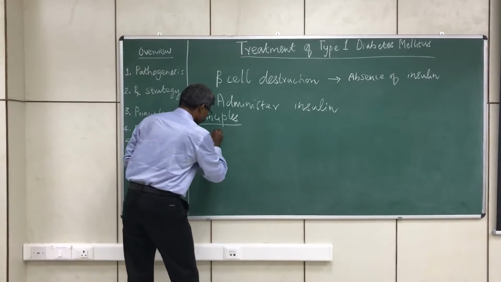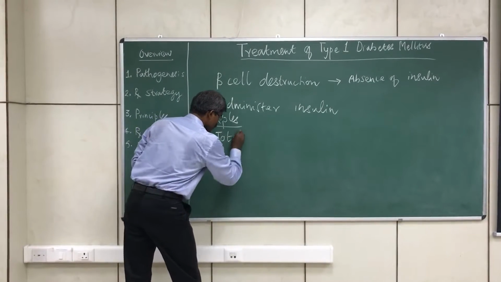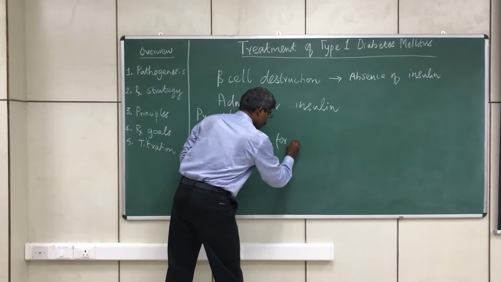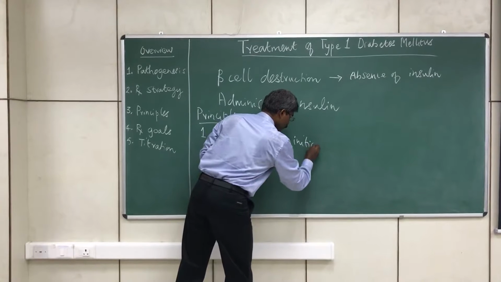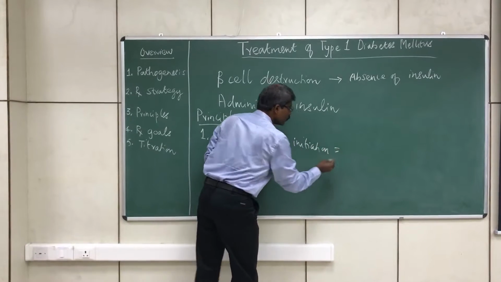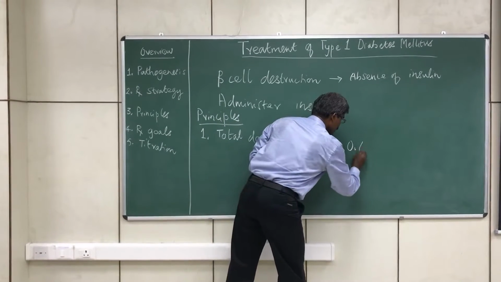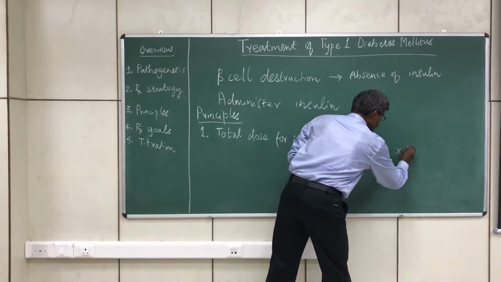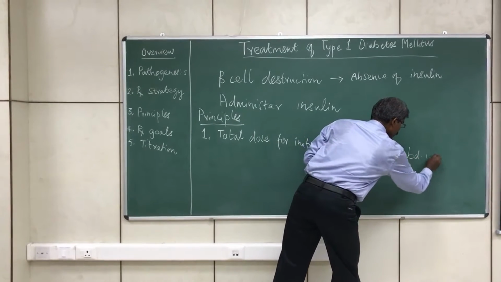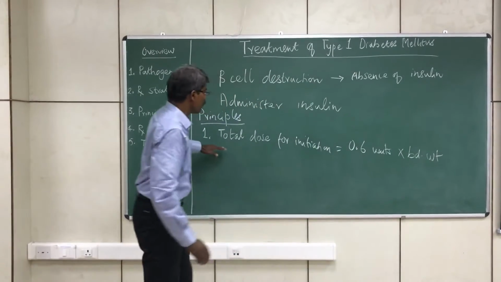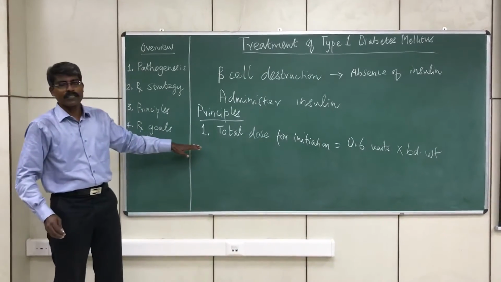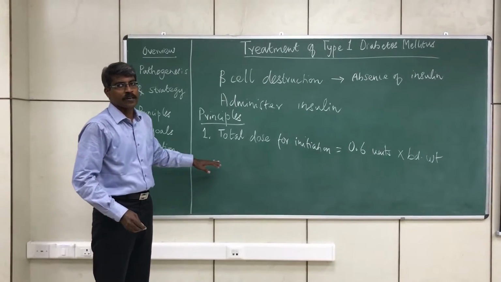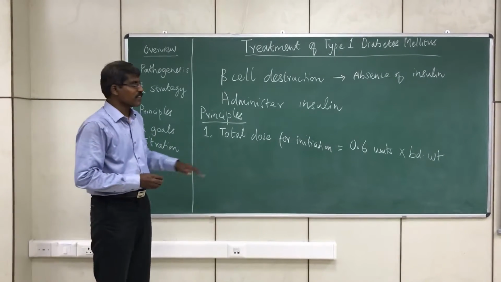The total dose for initiation is equal to 0.6 units into body weight. That's the first principle, which is used to find out what is the total amount of insulin a type 1 diabetes patient requires for initiating treatment.